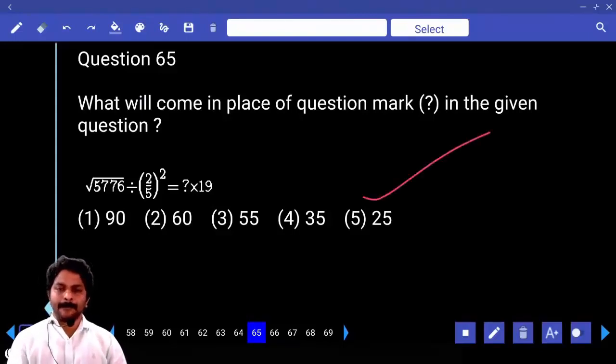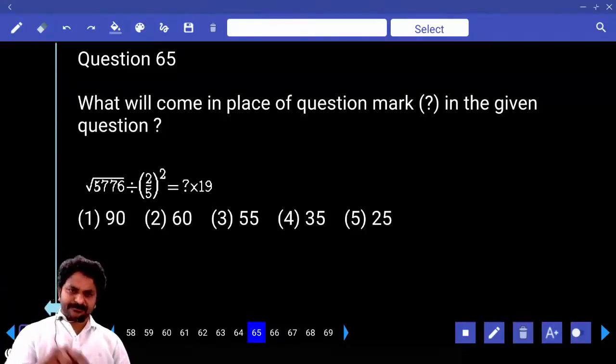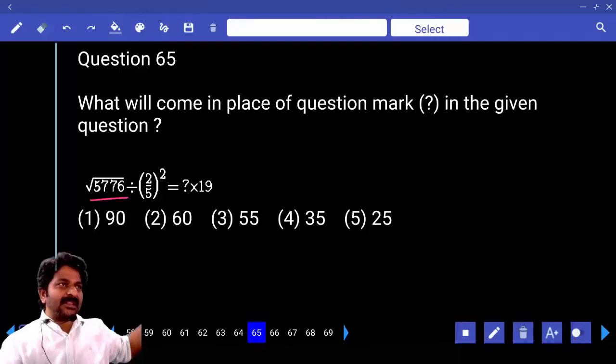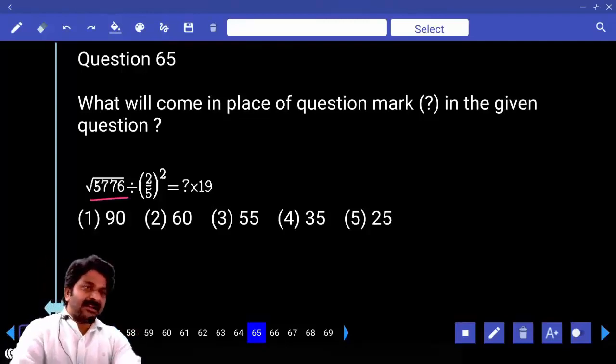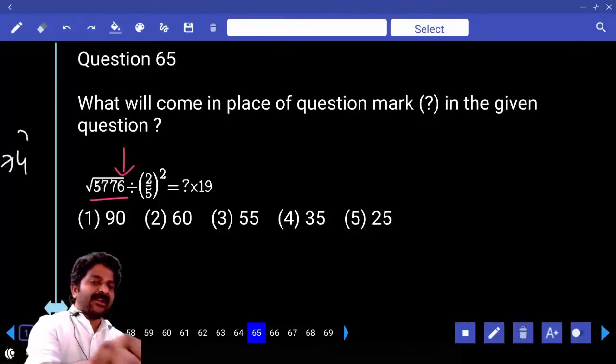We'll see. Come on. Under root of 5776. What is 70 square? 4900. More than that? 80 square? Less than that. But this last digit is 6, right? That may be 74 square or 76 square.